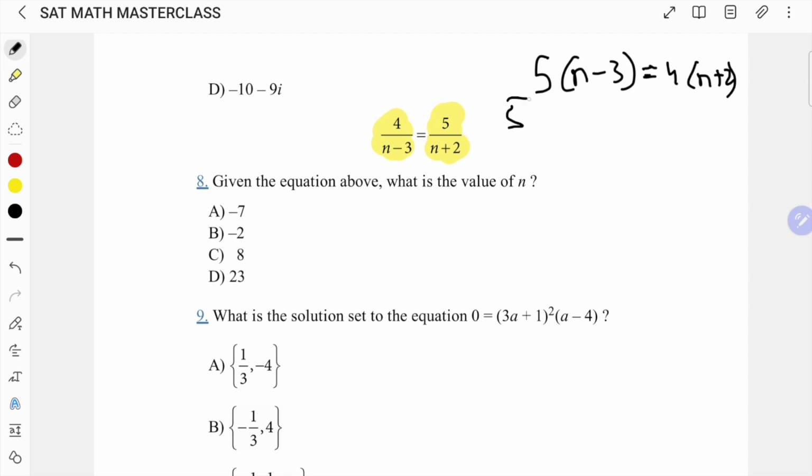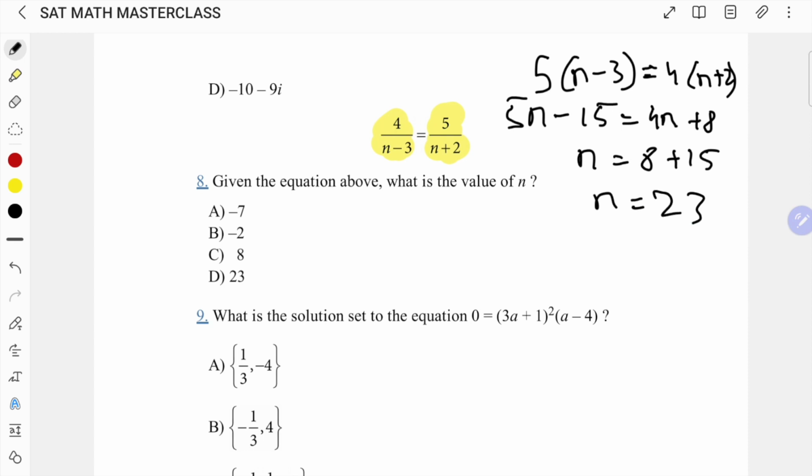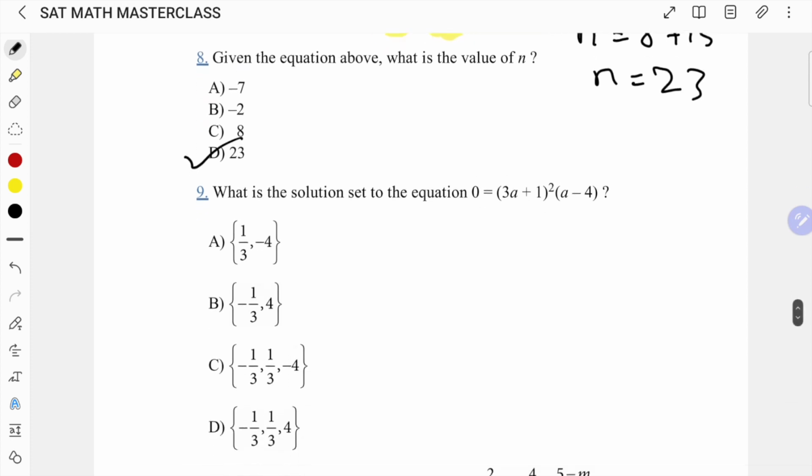So we get 5n minus 15 equals 4n plus 8. Take 4n to the other side, so we get n equals 8 plus 15. So n equals 23. So the correct option will be option D, 23.